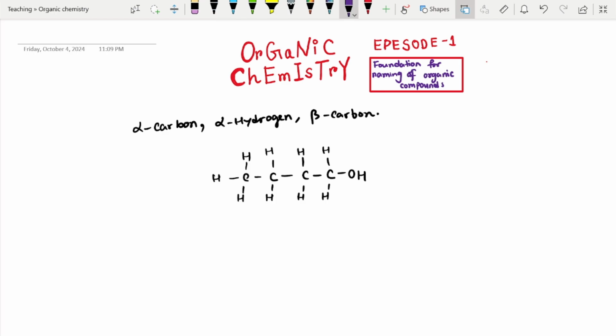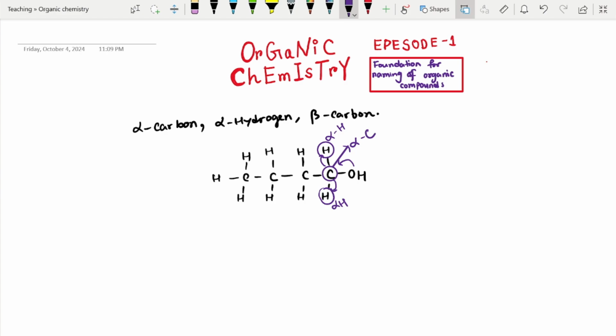The carbon which is directly attached to the functional group is known as the alpha carbon, and the hydrogen which is attached to the alpha carbon is known as alpha hydrogen. So if this is the alpha carbon, and with this carbon these two hydrogens are attached, right? So these two hydrogens are the alpha hydrogens. And what is beta carbon?